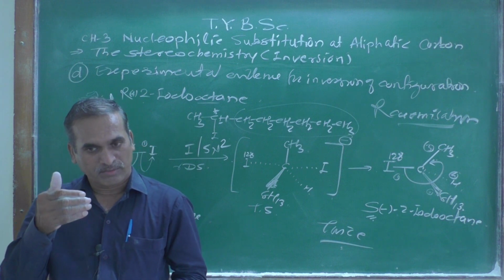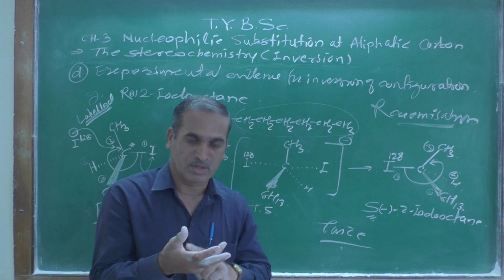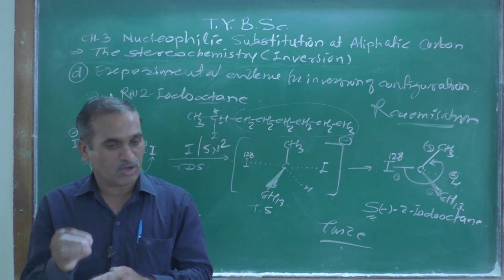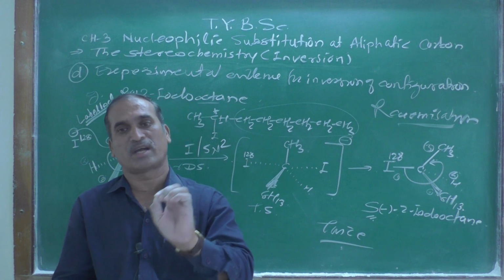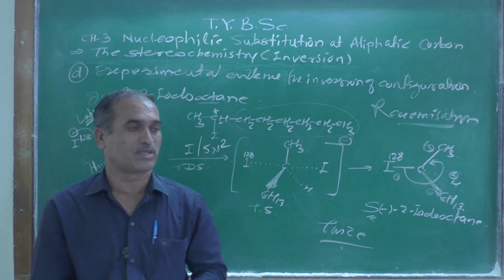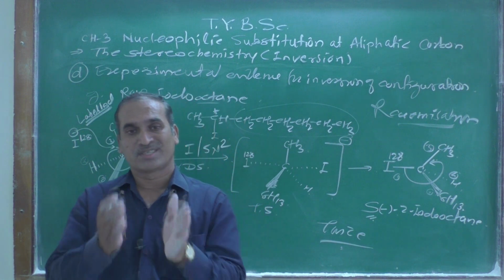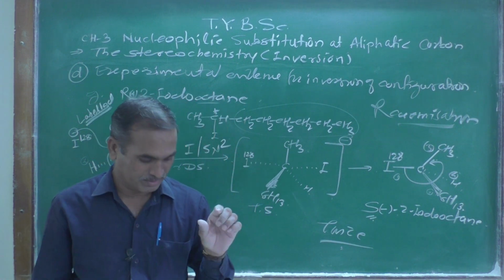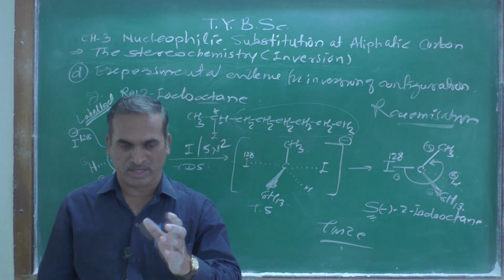With the following points we have learned. Number 1, rate of reaction. From the study of rate of reaction, we found that it is a bimolecular reaction because rate depends upon the concentration of the substrate as well as the nucleophile, and therefore it is a bimolecular reaction.